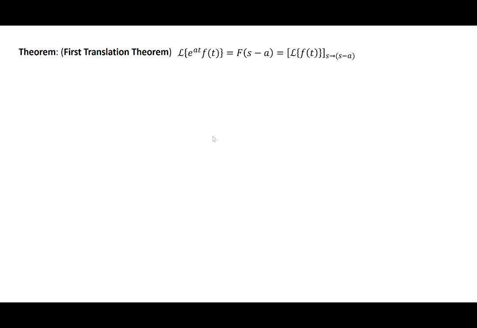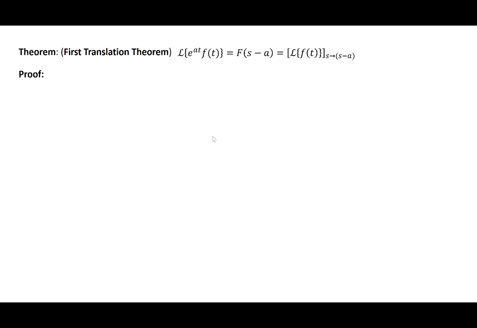What would the graph look like? Do you remember from pre-calculus that all you need to do is take the graph of F of s and translate it, move it, shift it to the right by a units, right? See, that's the whole idea. So basically this is a translation theorem because F of s is being translated to the right by a units if a were to be positive. That's all.